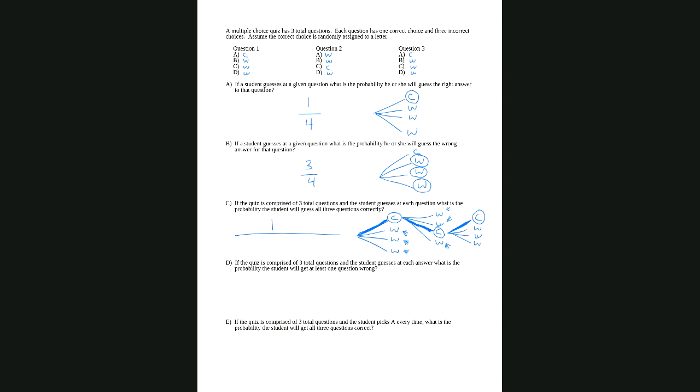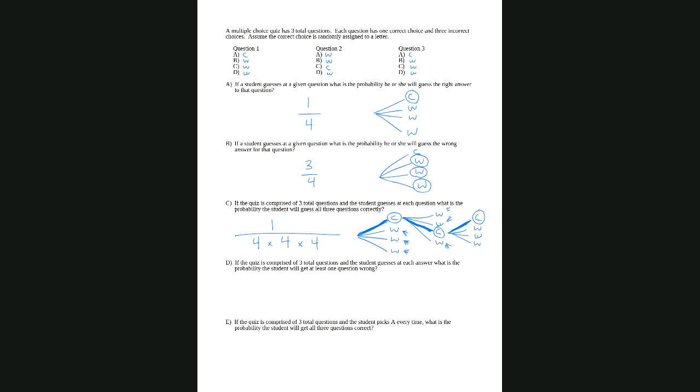The question is, what goes in the denominator? That's a little tricky to figure out. What goes in the denominator is the total number of possible outcomes. When you have 4 choices for the first question, 4 choices for the next question, and then 4 choices for the third.